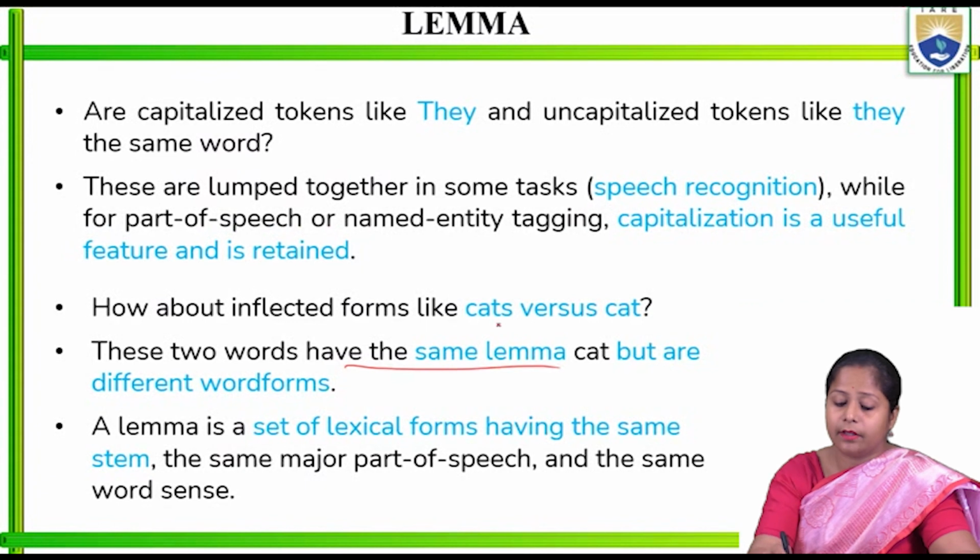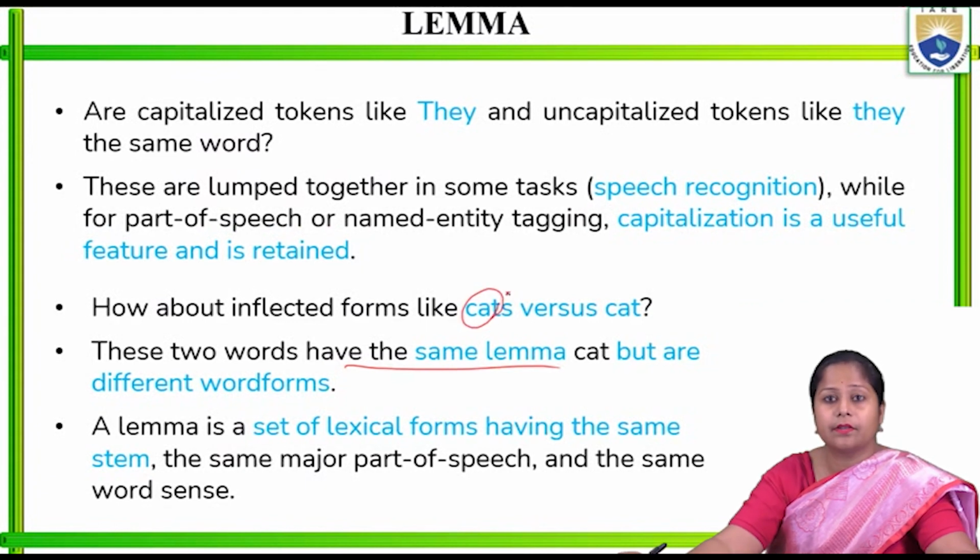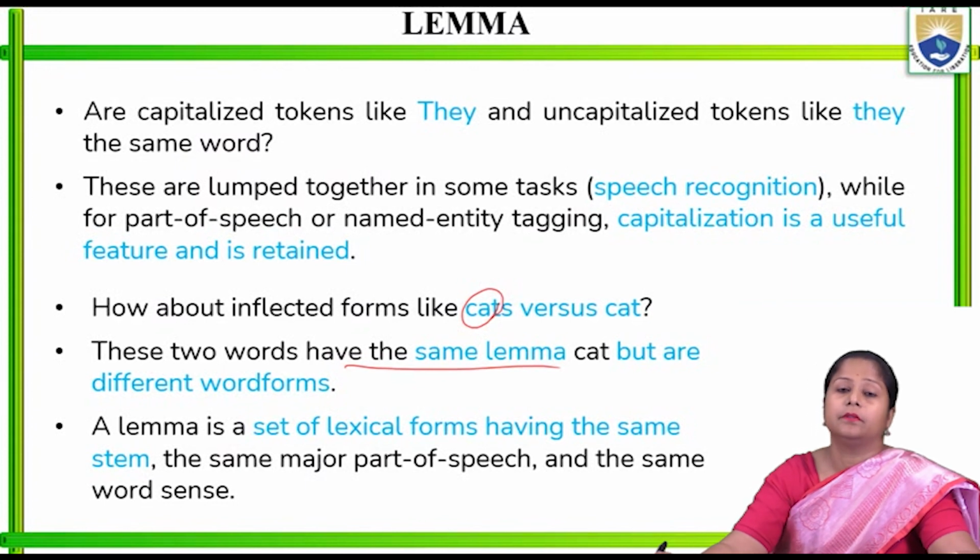The base word is called a lemma. But whenever we consider them as word forms, they are considered different words. So that is the difference between using the base word and not using it.